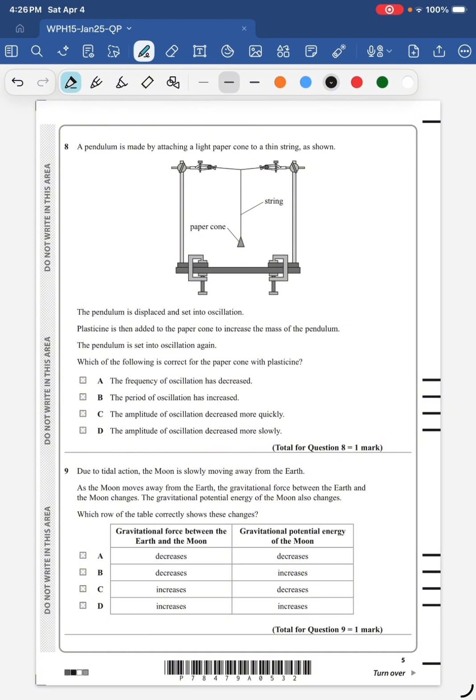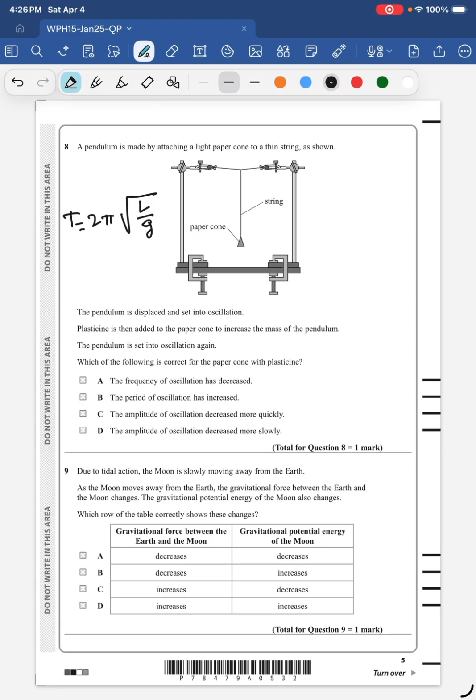The frequency of oscillation has increased. And then the second option is the period of oscillation has decreased. But recall that for a pendulum, the period is given by 2 pi, the square root of the length of the string over g. So there is no mass dependence, so A and B are automatically wrong, right?